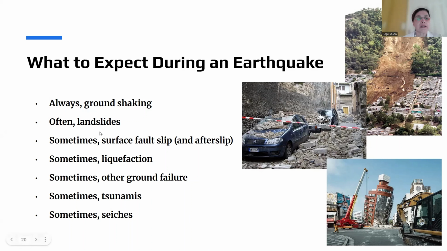During an earthquake, we can expect things like landslides, sometimes surface fault slips, and liquefaction, which, as you may know, is when water-saturated sediment loses strength and acts as a fluid. That could be quite dangerous. Other things include other ground failure, tsunamis, and seiches, which is that sloshing of water in an area. It could happen in a pool or in another body of water, where that movement of water can go on for quite a bit, even after the shaking stops.